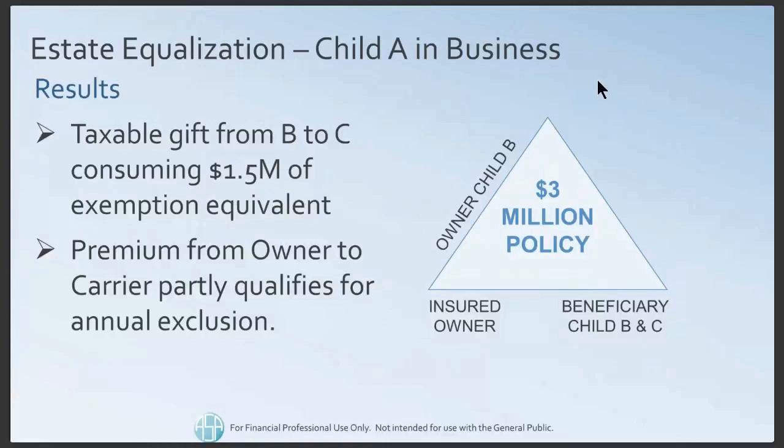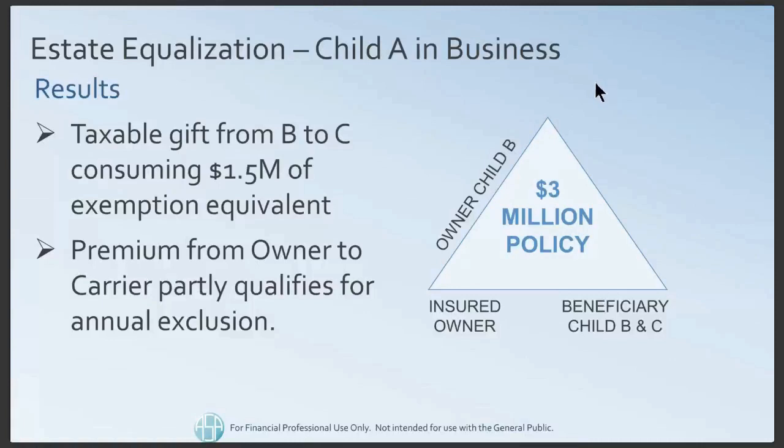But remember, in 2025, the Tax Cut and Jobs Act provisions relative to the lifetime exemption are going to sunset. It's going to go back to the law where it was, and we think it's probably going to go back in 2025 to around 6.5 million. So if you lose $1.5 million of 6.5, and then you consider there's an inheritance and maybe some growth, it could be an issue.